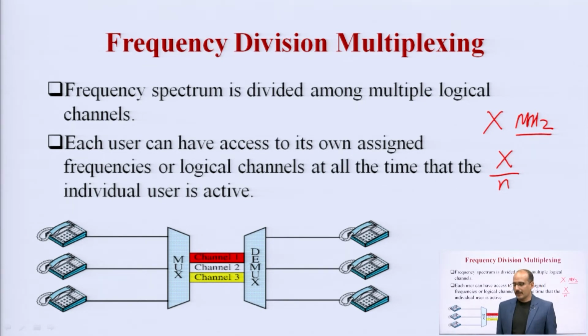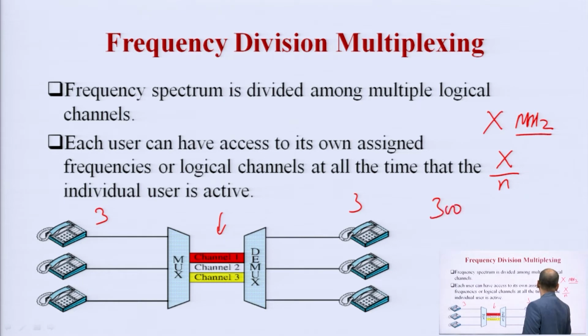In this example, you can see that we have 3 users at the transmitter side and 3 users at the receiver side, but the channel is one only, the path is only one. Taking that path as an example, it is of 300 megahertz. So what is going to happen?